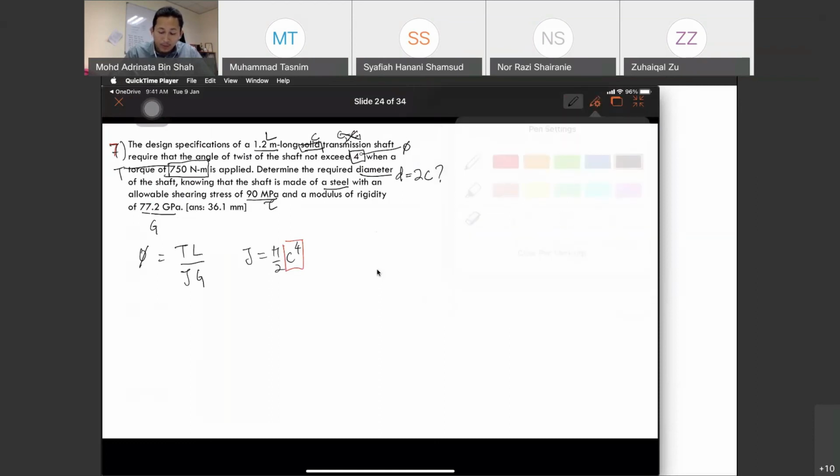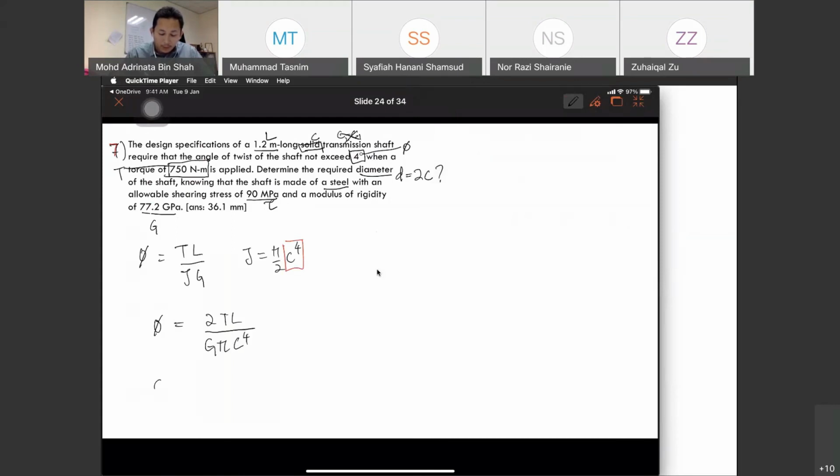That will make our equation. If you put C inside the equation, you have phi equals 2TL over pi G C to the power of 4.